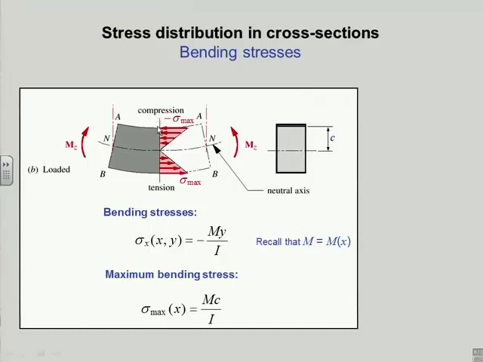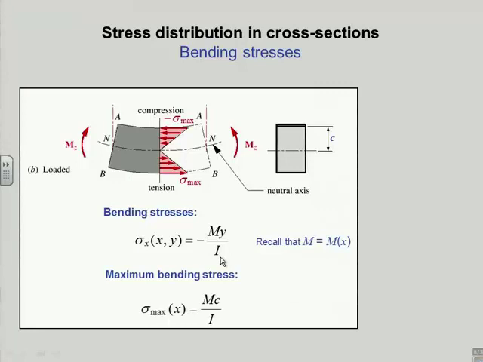The expression for stress across the vertical dimension is the moment M, which is the applied moment load, times the distance y, and that's the distance from the neutral axis out, over I. And I, you should recall from 2502 or elsewhere, is called the area moment of inertia.